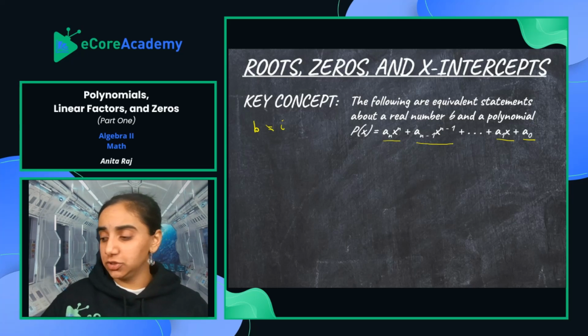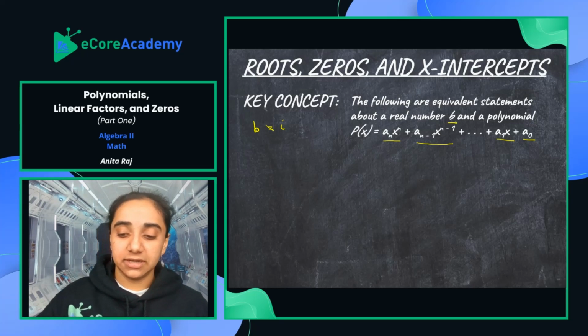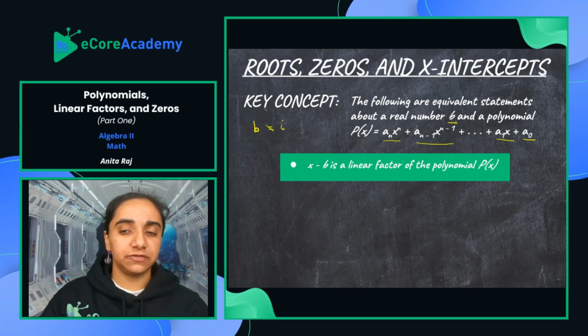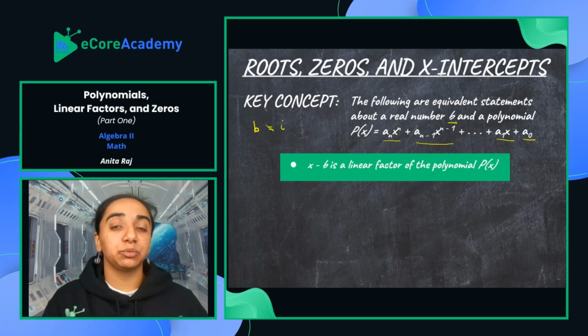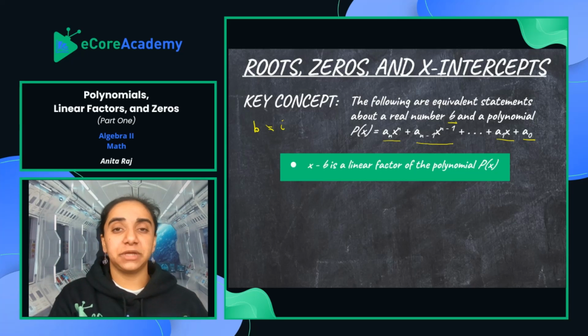And along with this new concept we've introduced with a real number b, when I talk about these next four statements. So x minus b is a linear factor of the polynomial p of x. So remember, b is any real number, and let's just say, for example, b is 2. So the linear factor in this case would be x minus 2.